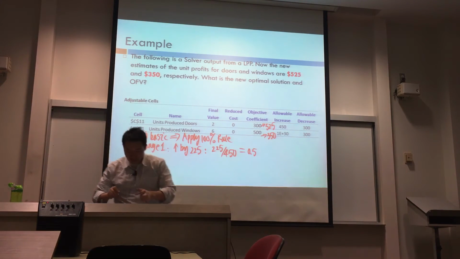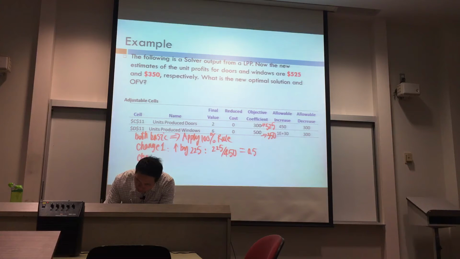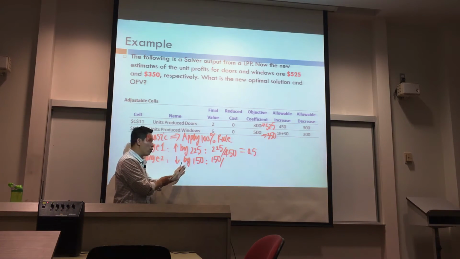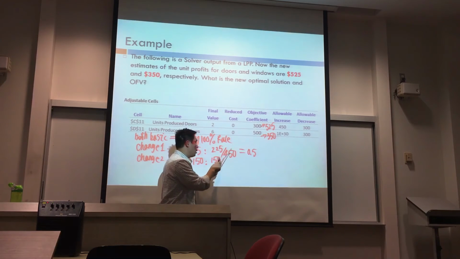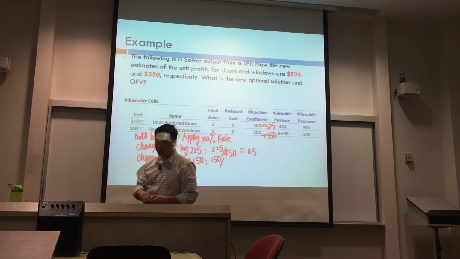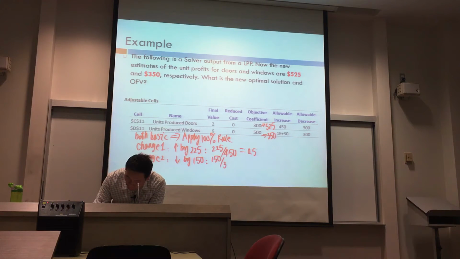Change number 2 is a decrease by 150. So this is a decrease, so you have to do 150 divided by the allowable decrease, not here, but there, which is 300. So you have two changes, and you sum them up. The sum is 100%.